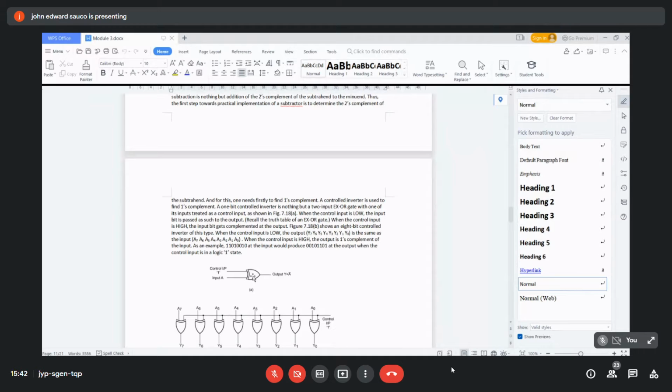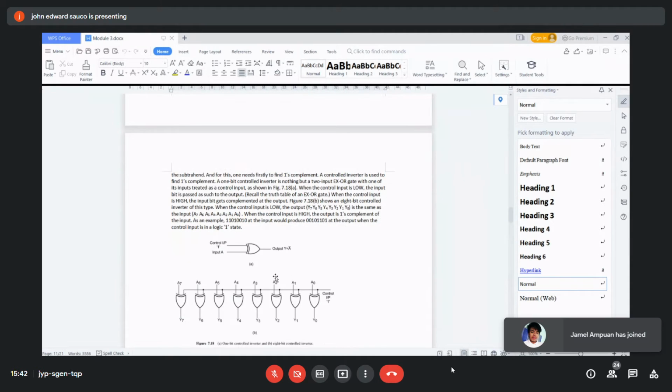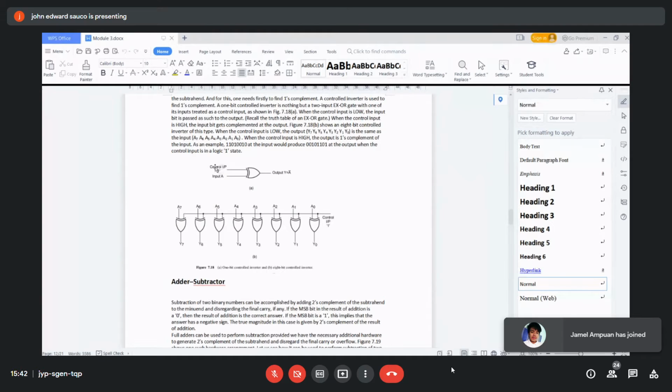Ito yung ginagamit para yung adder is maging subtractor. So, makokontrol mo siya gamit yung gate. Gagawin mo 1 or 0, yung nakokontrol mo. Then, input, kapag 1 yung isang gate, inverter siya. Ito ay isang XOR gate.